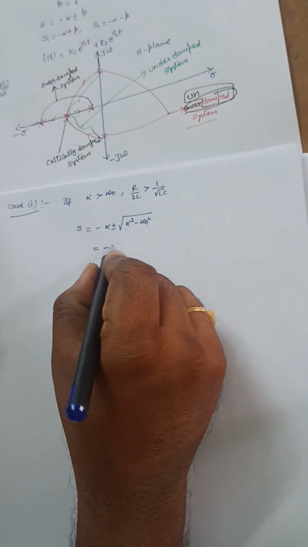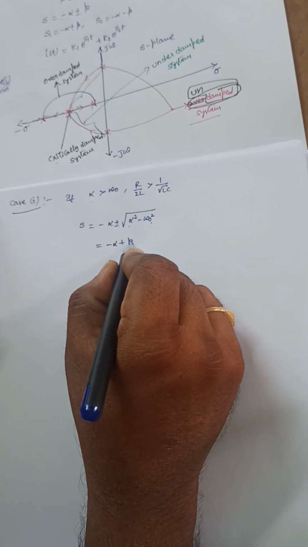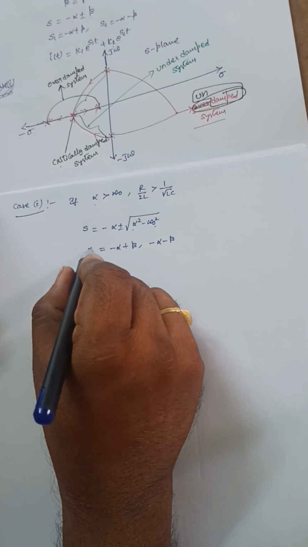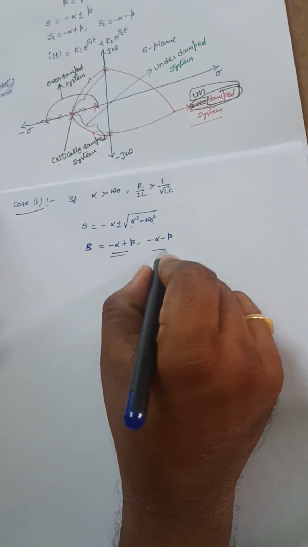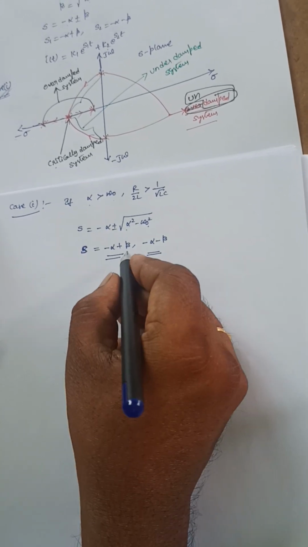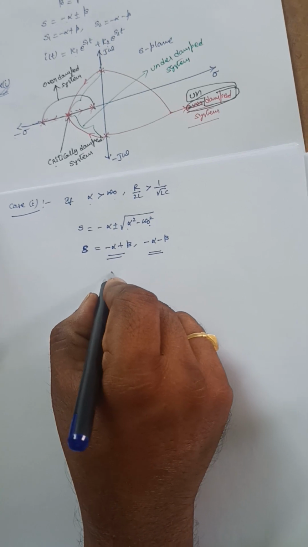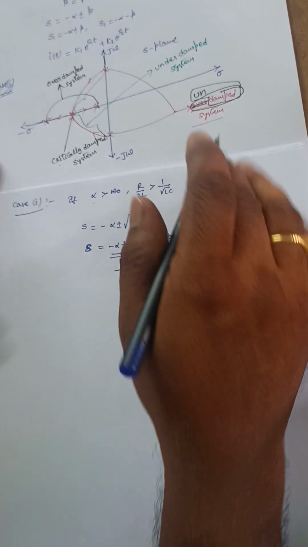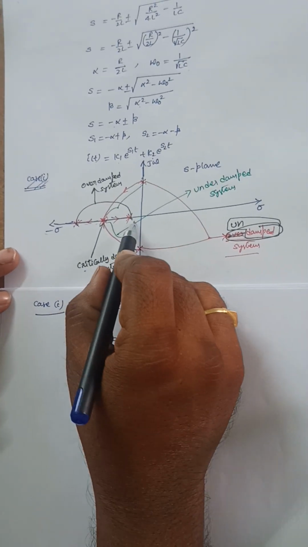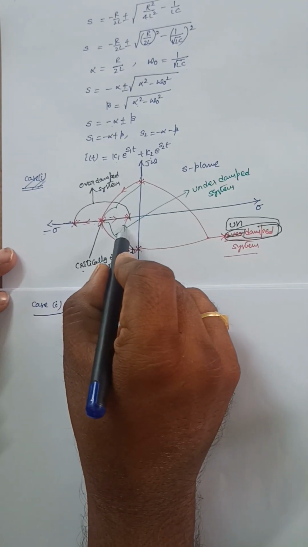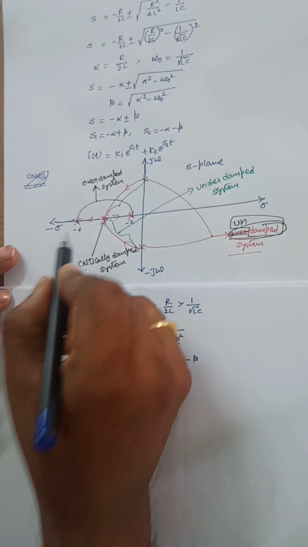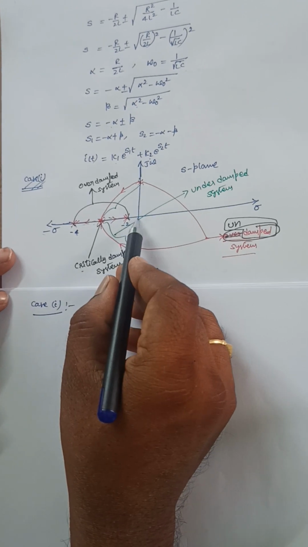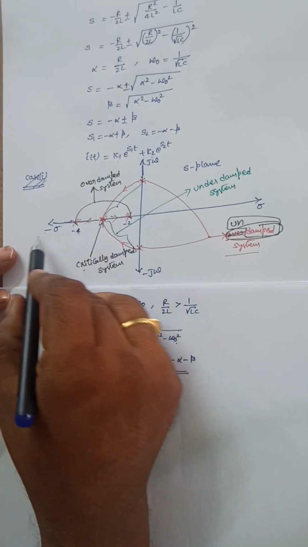That means one root will be minus alpha plus beta and another root will be minus alpha minus beta. That means these two are real roots only. There is no imaginary part here. Suppose one root is minus 2 and another root is minus 4, they will be located on the negative real axis: 0, minus 2, minus 3, minus 4, like that.